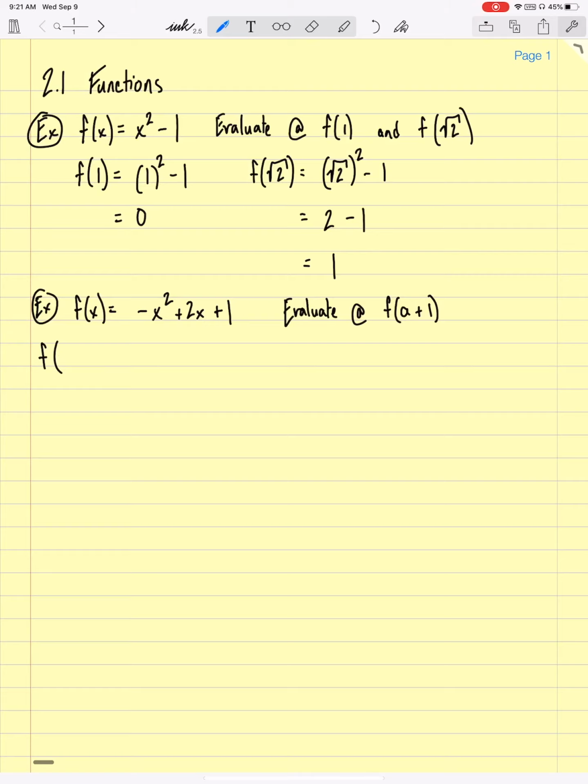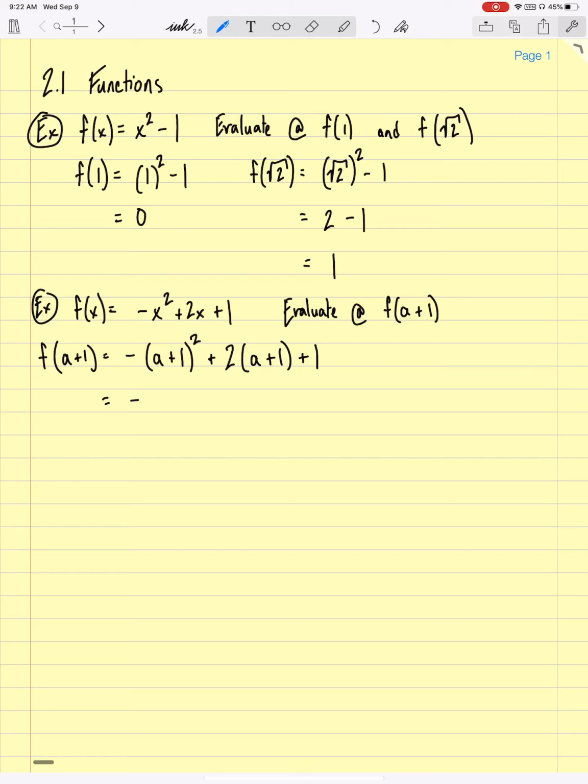We replace x with a plus 1, and every time we do that, we put parentheses around it. I'm going to have this negative sign out front, and then replace x with a plus 1 in every place. That's really the jump, where we need to be able to plug anything into x.